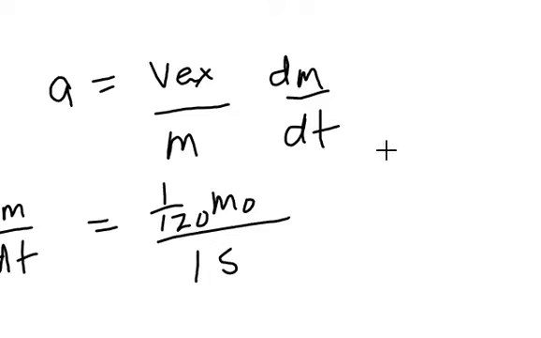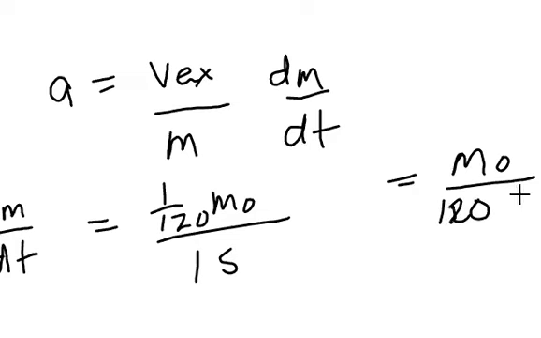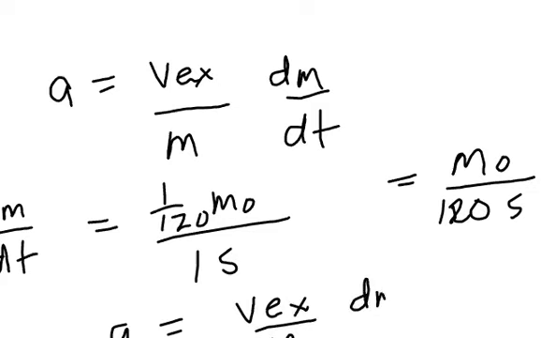So it's going to be M0 divided by 120 seconds. All right, and now a equals v of the exhaust over M0 times dm/dt.